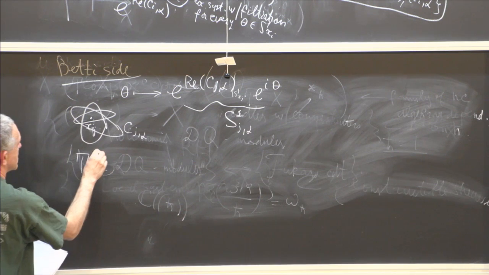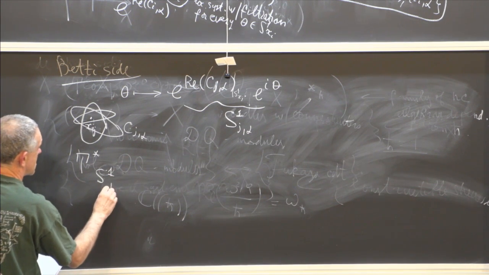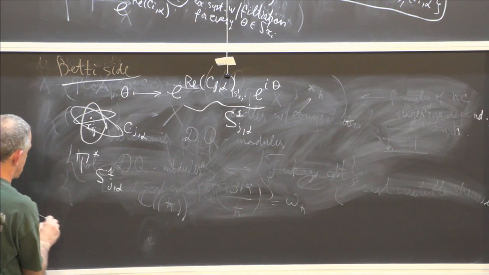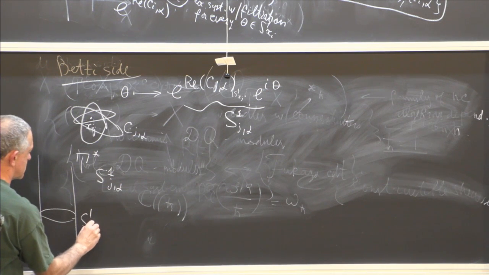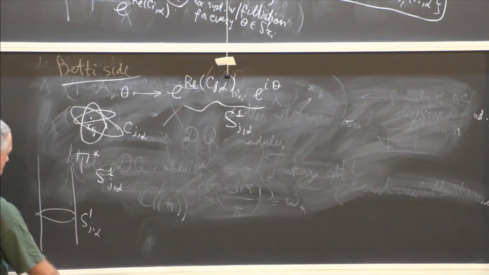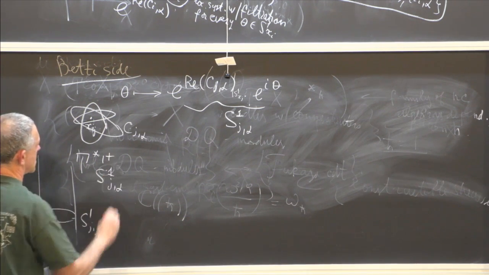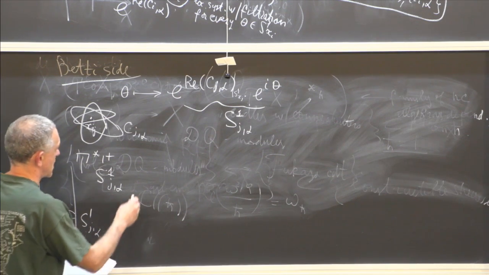And so I can take the conormal bundle to each of these. Since every circle is co-oriented, this conormal bundle is just a cylinder, and I'll take just the upper half of it. It's the positively oriented conormal bundle.